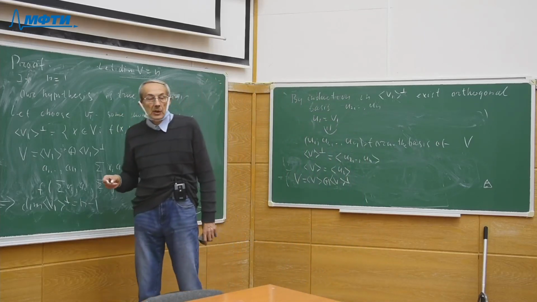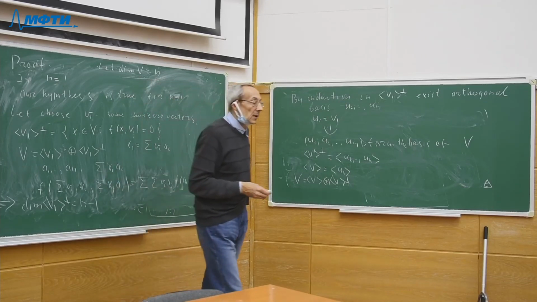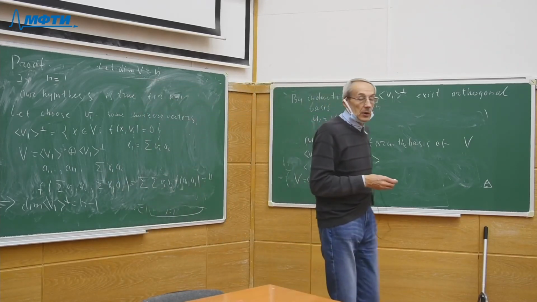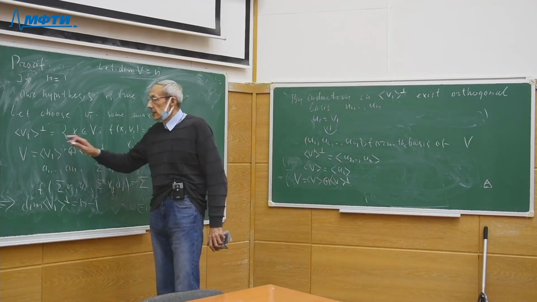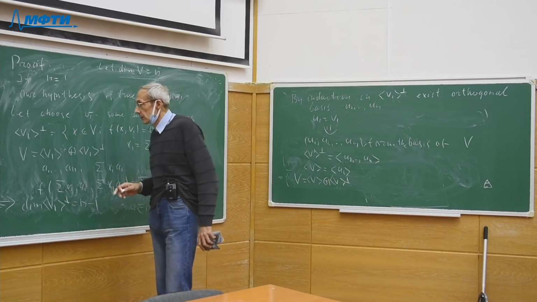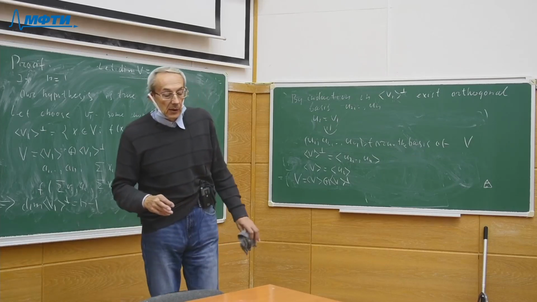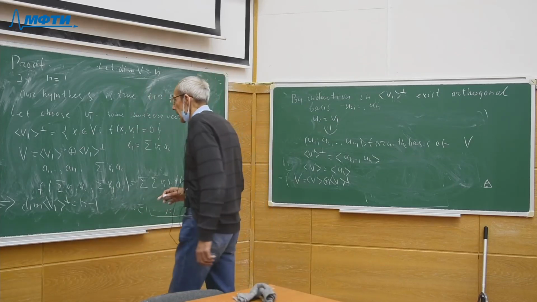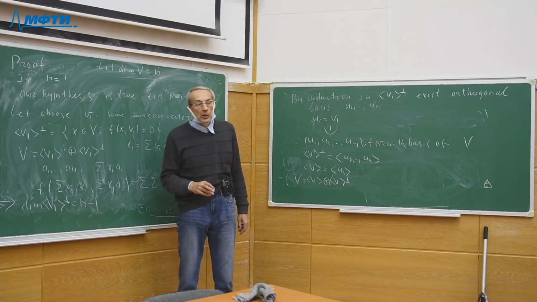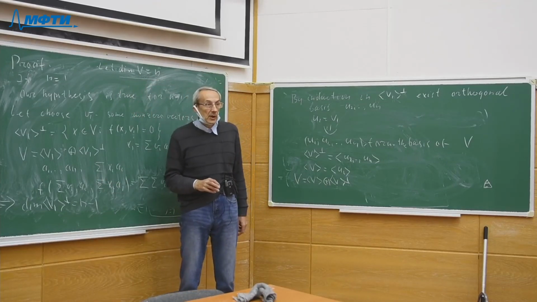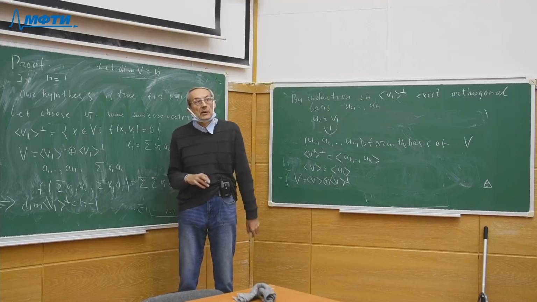After that, we consider the vector space V, which has dimension n, and we choose an arbitrary non-zero vector v1 and consider the orthogonal completion of this vector. And we prove that the dimension of the orthogonal completion is exactly n minus 1, and we choose a basis in this orthogonal completion.